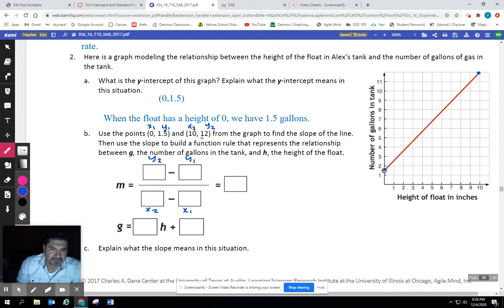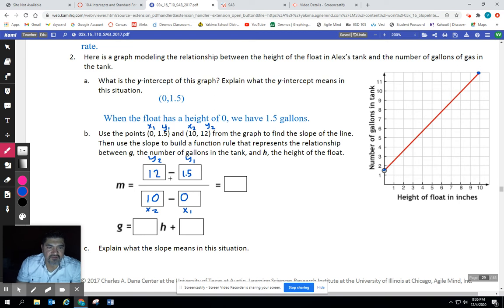And so Y2 is 12, so I'm going to go ahead and put 12 in here, minus whatever Y1 is, which is 1.5. And then here I have the X2. X2 is 10, minus whatever X1 is. X1 is right here, 0.